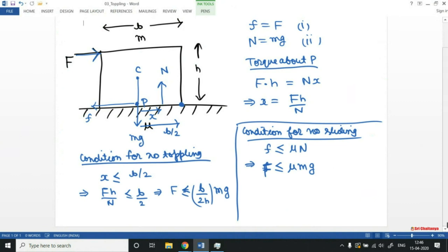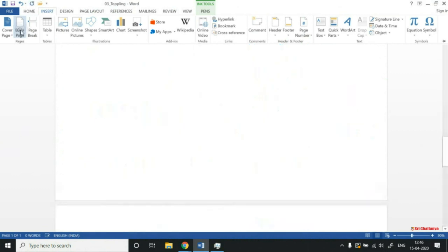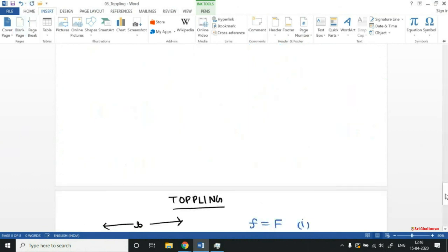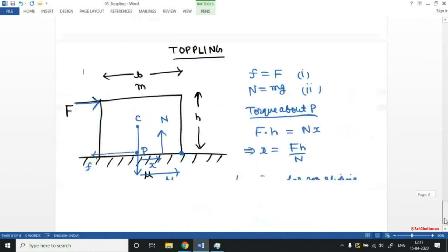So if we are slowly, let me insert some more pages over here.